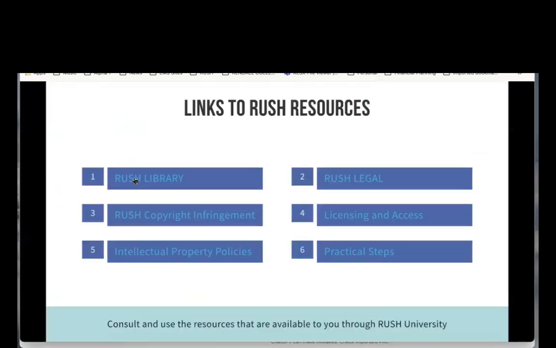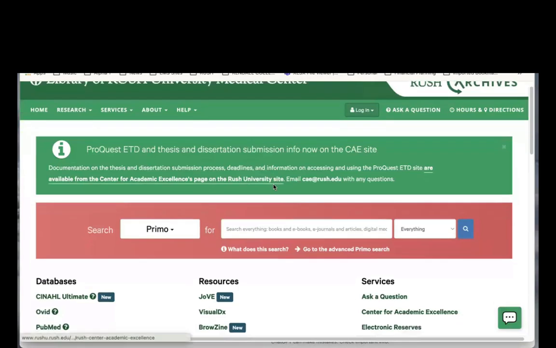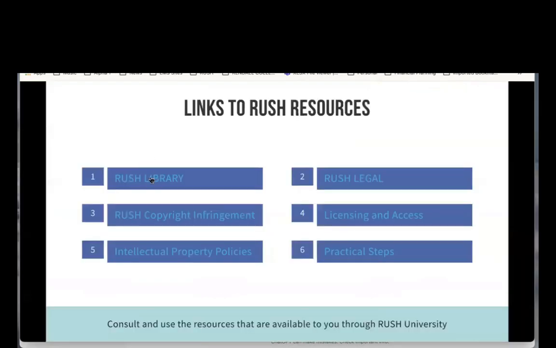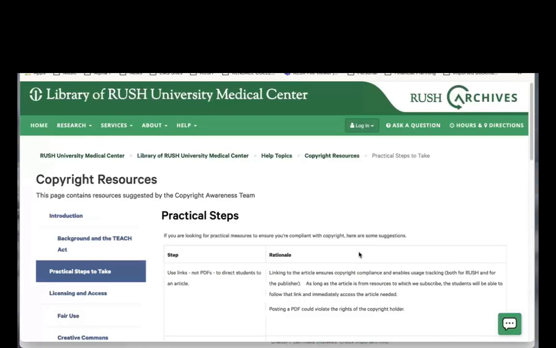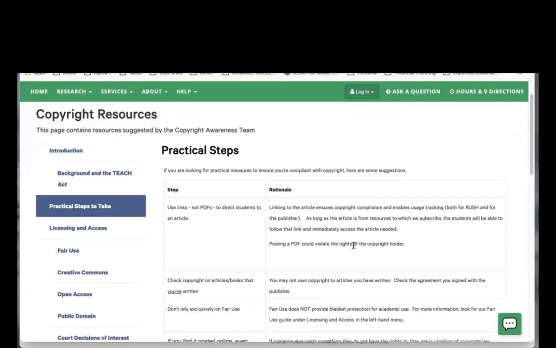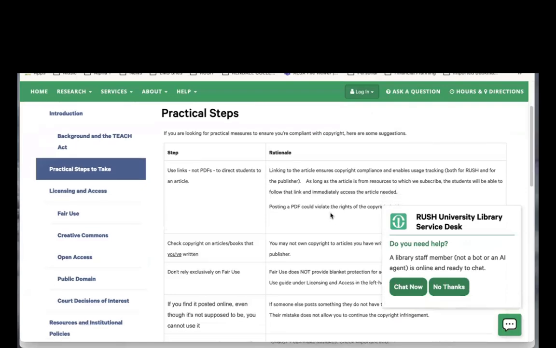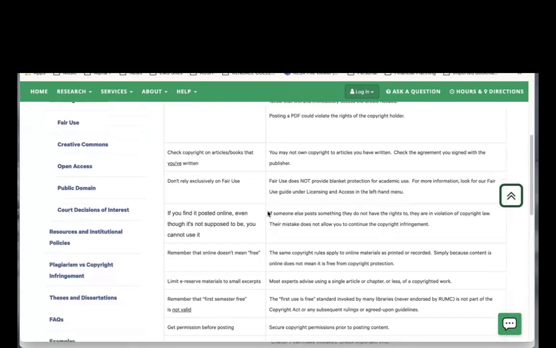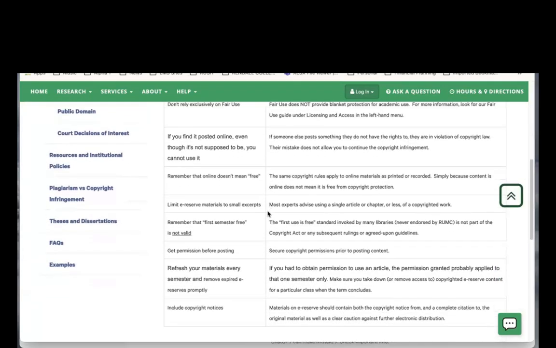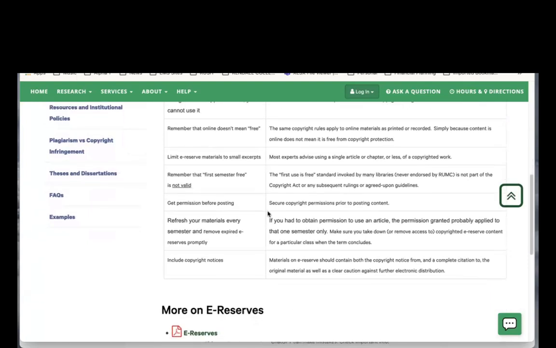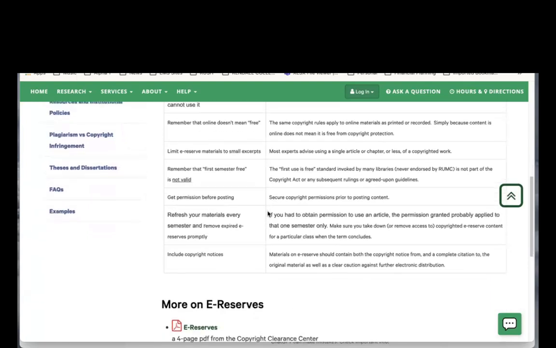And then there's the Rush Library, of course, also a really good source for copyright information, copyright infringement information, licensing and accessing, practical steps. I thought this one was really helpful because it tells you what you can do to keep yourself safe, right? And this covers a lot more than what I have time to do within this really short presentation.